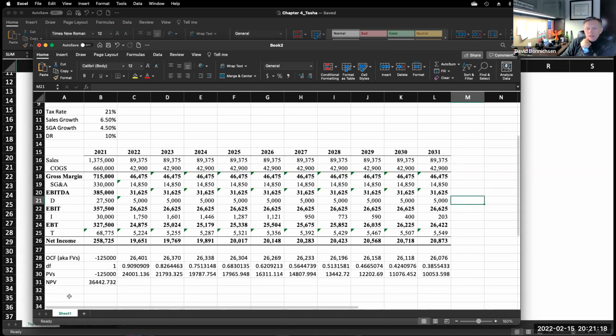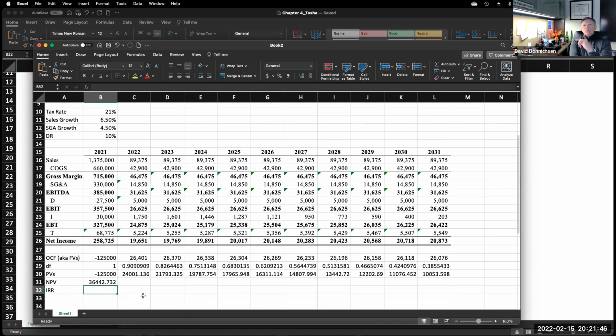So IRR, internal rate of return, is that discount rate, weighted average cost of capital, required rate of return, that creates a zero net present value. And we'll talk about why that's important here in just a second.